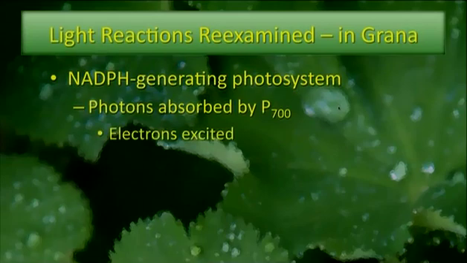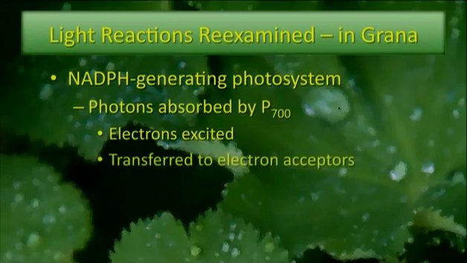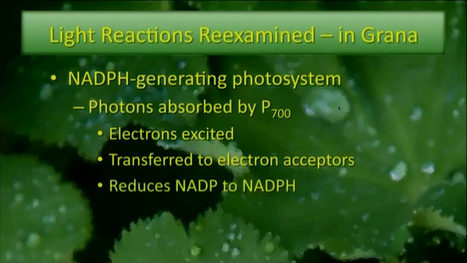The electrons are excited and transferred to electron acceptors. The first is an iron-sulfur acceptor molecule, then ferredoxin, then FAD, which is used to reduce NADP to NADPH.